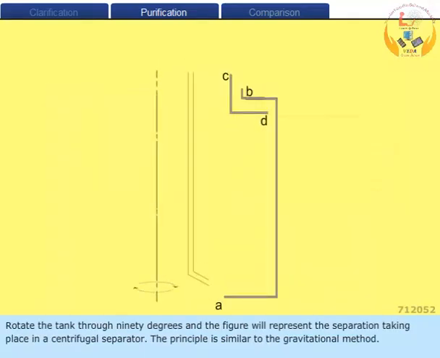Rotate the tank through 90 degrees and the figure will represent the separation taking place in a centrifugal separator. The principle is similar to the gravitational method.